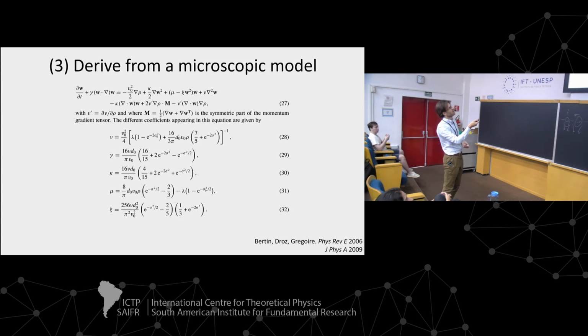It has some extra terms because they're allowed based on symmetries, but the point is that it certainly has all the terms that I've mentioned, and there are explicit expressions that relate the particle interactions and things like particle self-propulsion to these hydrodynamic parameters, these coarse-grained parameters. So I think this is a very impressive work.